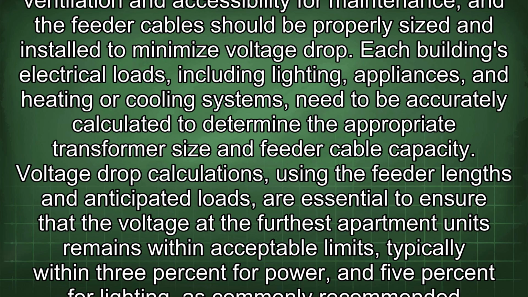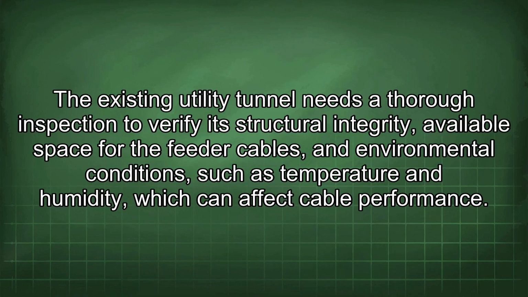Voltage drop calculations, using the feeder lengths and anticipated loads, are essential to ensure that the voltage at the furthest apartment units remains within acceptable limits, typically within 3% for power and 5% for lighting, as commonly recommended by industry standards and electrical codes. The existing utility tunnel needs a thorough inspection to verify its structural integrity, available space for the feeder cables, and environmental conditions such as temperature and humidity, which can affect cable performance.